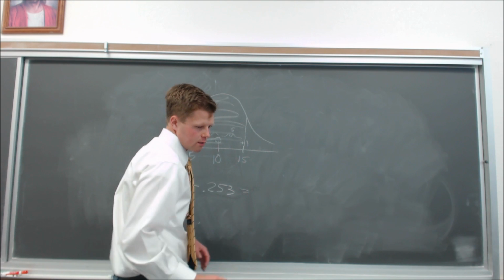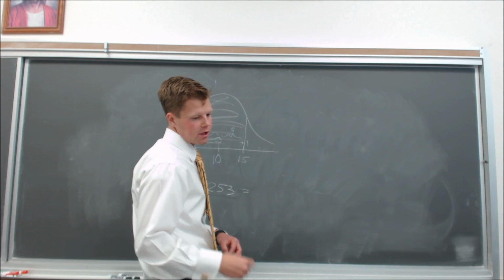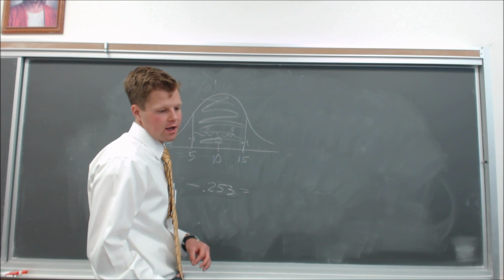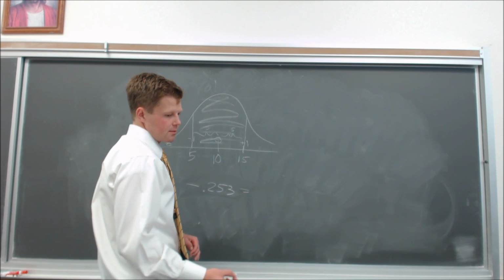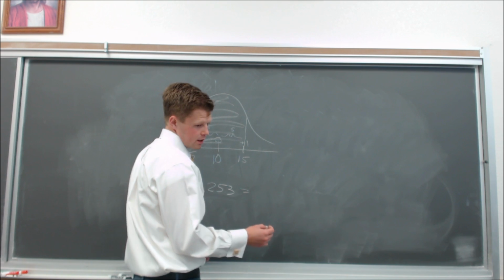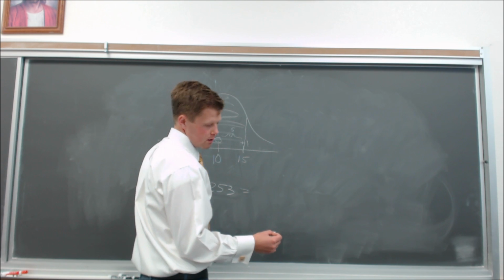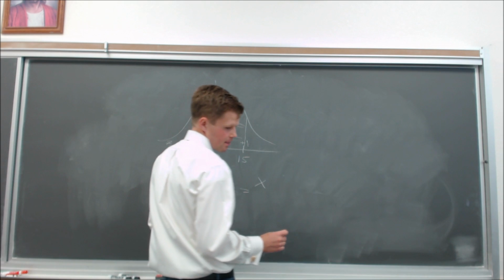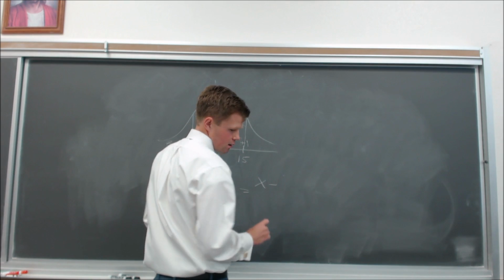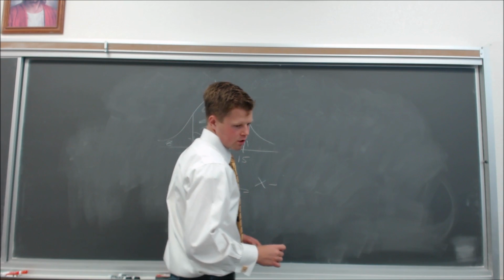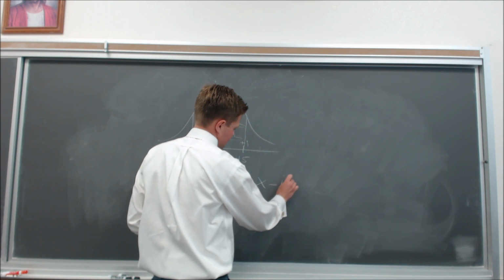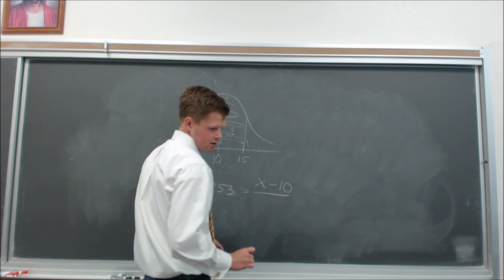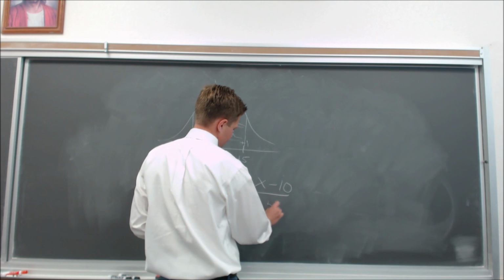Okay, and we're going to work with that in order to solve our z-score equation backwards, because in the question it says the 40th percentile, so we're looking for the score, what somebody in the 40th percentile would have scored. And so we have our x, which is what we're looking for, minus our mu, which in this case is 10, divided by our standard deviation, which is 5.